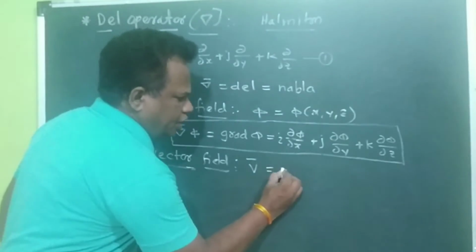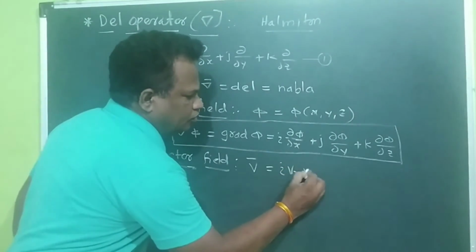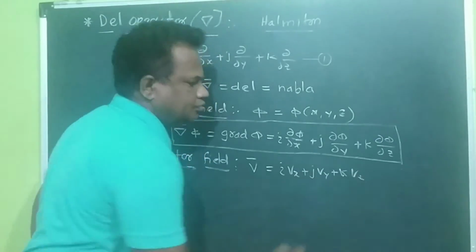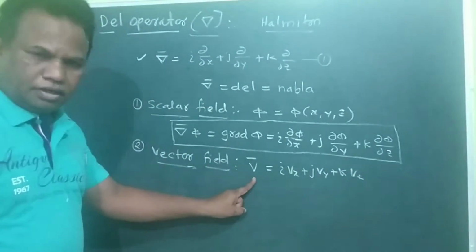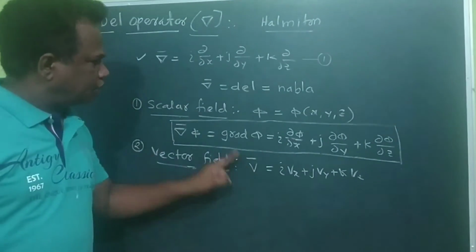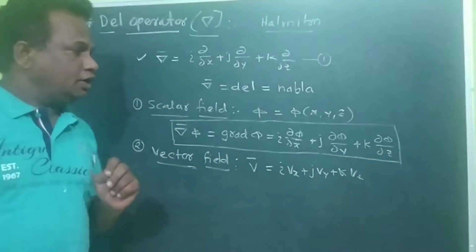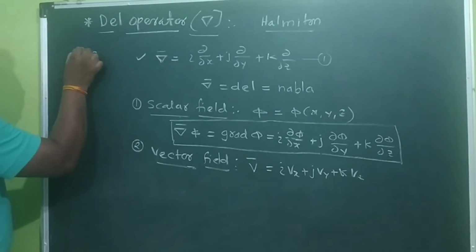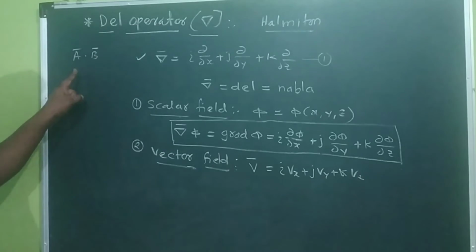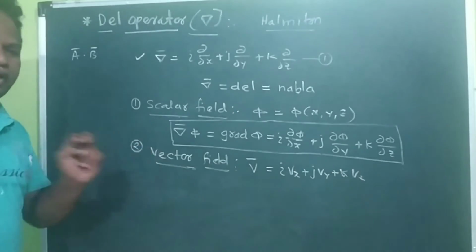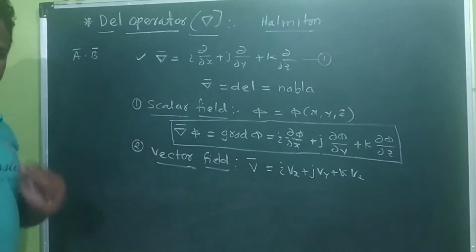Its value is given by i Vx plus j Vy plus k Vz. So this is a vector, and this is also a vector. When you multiply these vectors, we already know there are two types of multiplication. A bar dot B bar is called the dot product of two vectors, and it produces a scalar quantity.